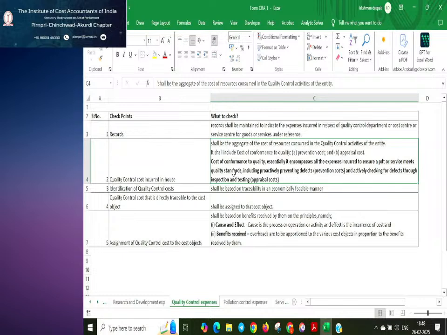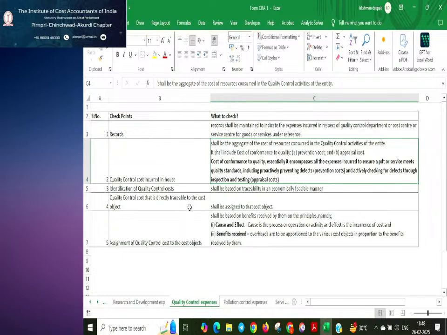If you look at sugar and distilleries, in the RO plant itself, they will have a quality check, whether the pH level is less in the water or not. So they will check like that. There are different quality checks that happen. It is not like quality check happens at the end of the process once the final product is produced. It is not that way. It happens at each and every level of production.